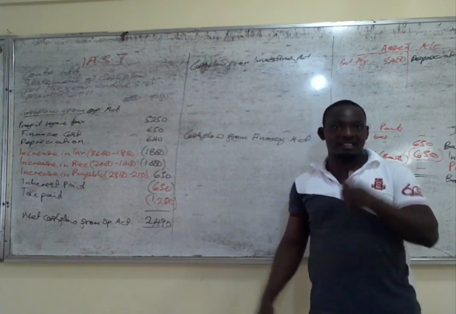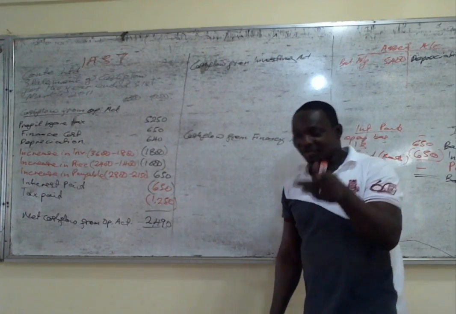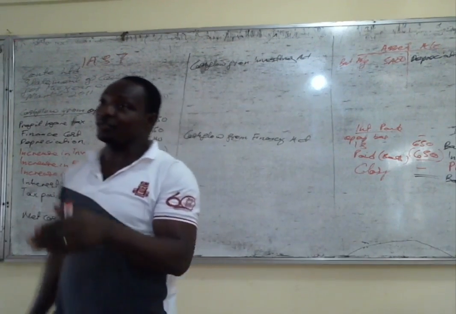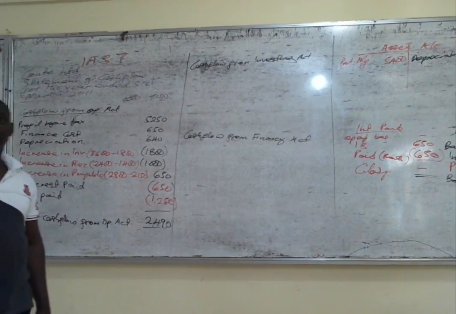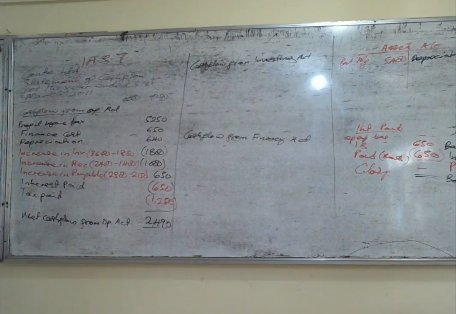There was a non-current asset held for sale. We haven't done the non-current asset held for sale, that is IFRS 5. What it says is that if you have any non-current asset that you think in a year meets the criteria for sale, so here we are saying it's supposed to meet that criteria.